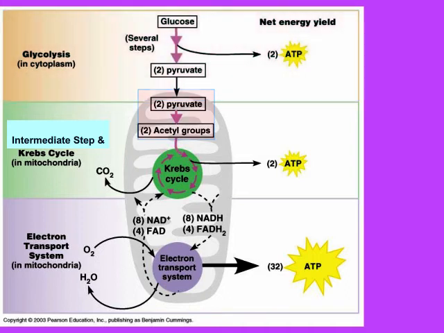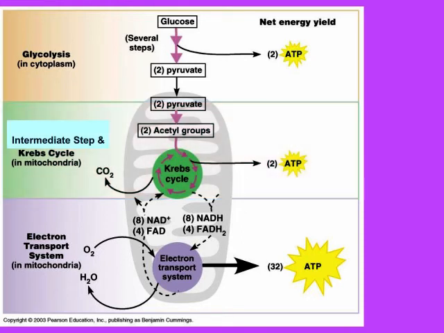In the intermediate step, we had our pyruvate being broken down into acetyl coenzyme A, which would then enter the Krebs cycle. The remaining carbons are lost in the Krebs cycle as carbon dioxide gas, and in the process, we generate another 2 ATP. Remember that the Krebs cycle happens within the mitochondria, and it requires oxygen.